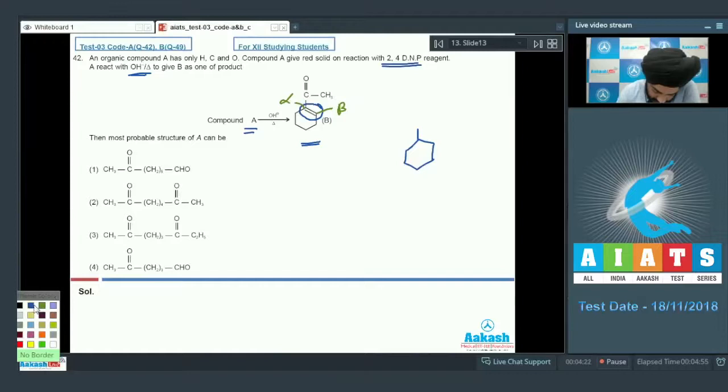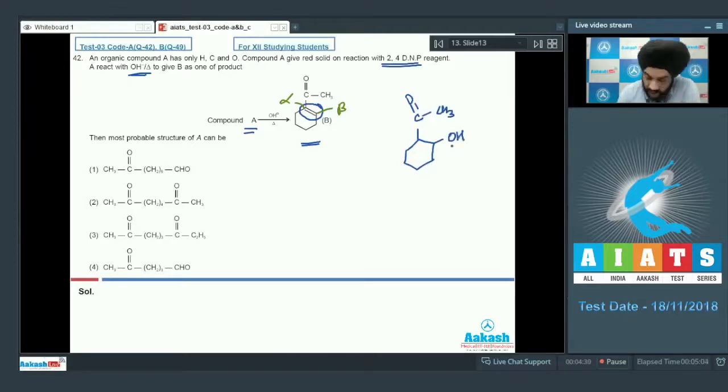The alpha beta unsaturated compound must have been formed via the beta hydroxy carbonyl compound. So we have the beta hydroxy structure. And if we again reverse engineer the mechanism, we can see that this bond must have been formed because of the attack of a nucleophile. The negative charge created here should have attacked this carbonyl compound.